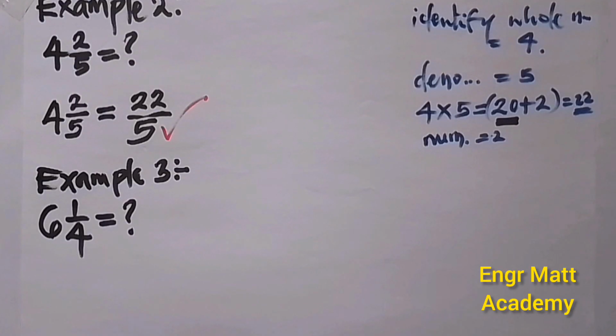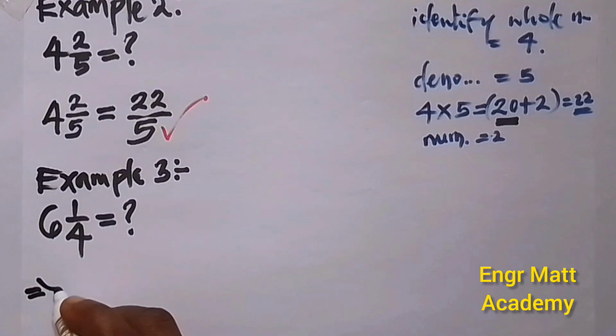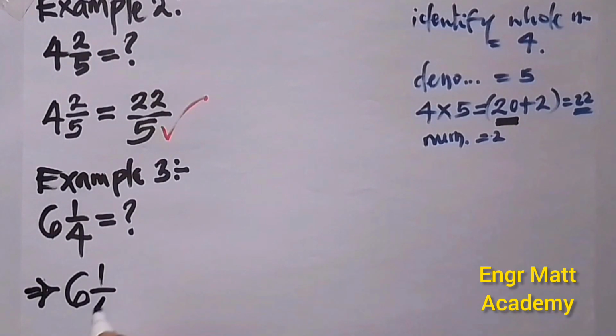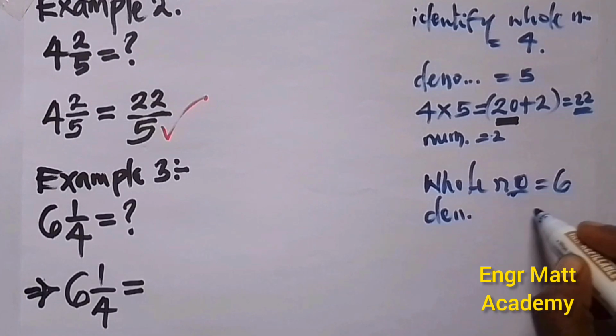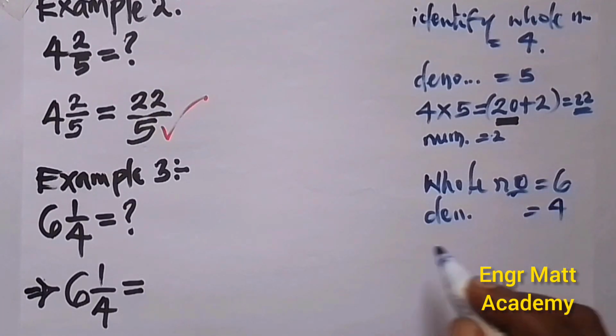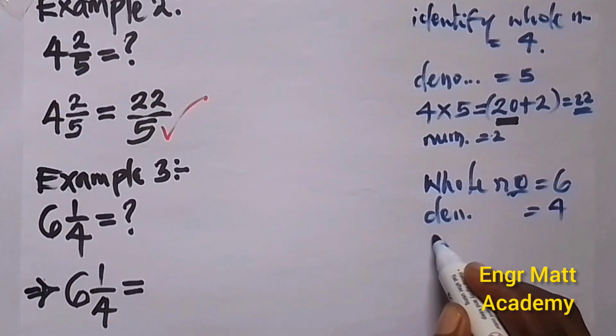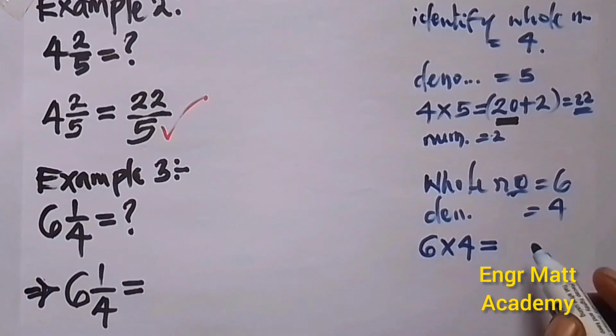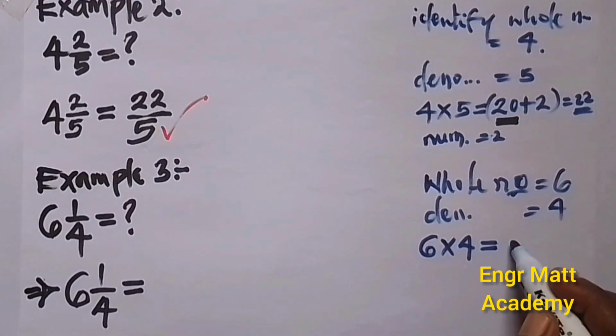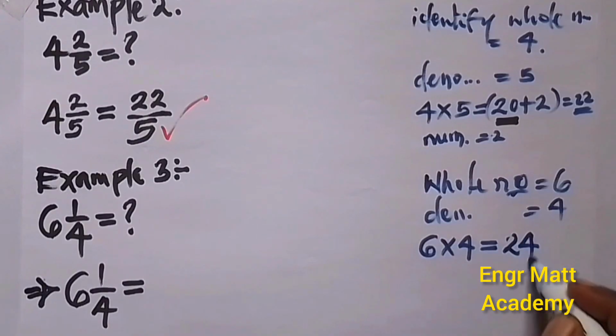The steps remain the same. 6 whole number 1/4. Remember, the whole number is 6. Denominator is 4. So we multiply the whole number by the denominator. If we do that, we arrive at 6 times 4 is 24.